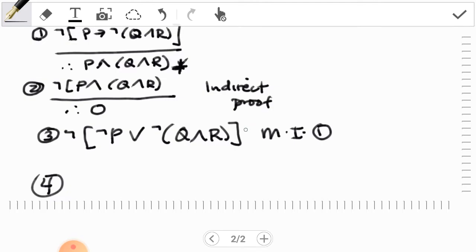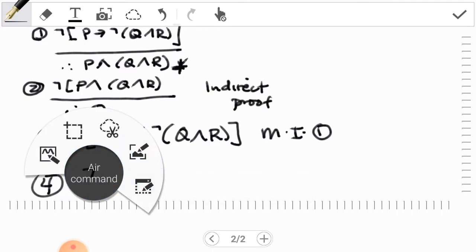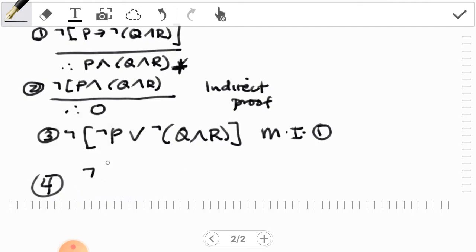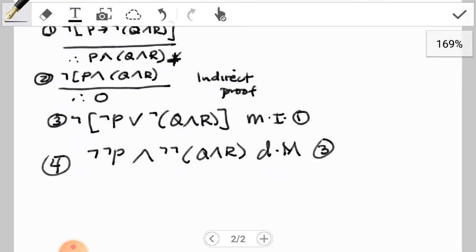So if we use our rule of negation, De Morgan's law, this will now become not P and not of Q and R. This is using De Morgan's law of premise number 3.